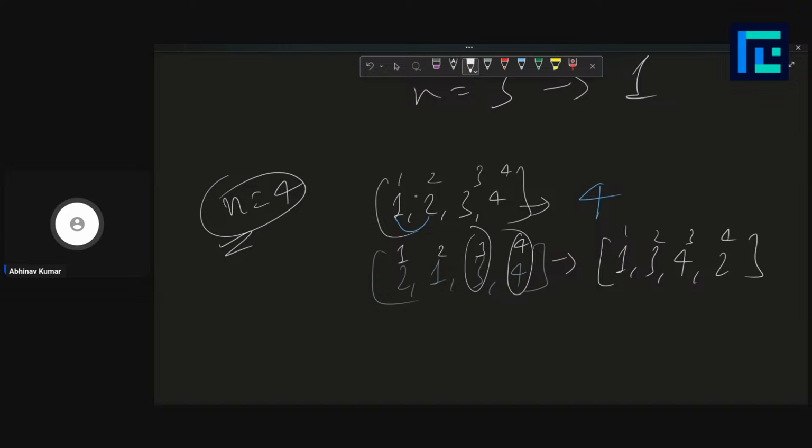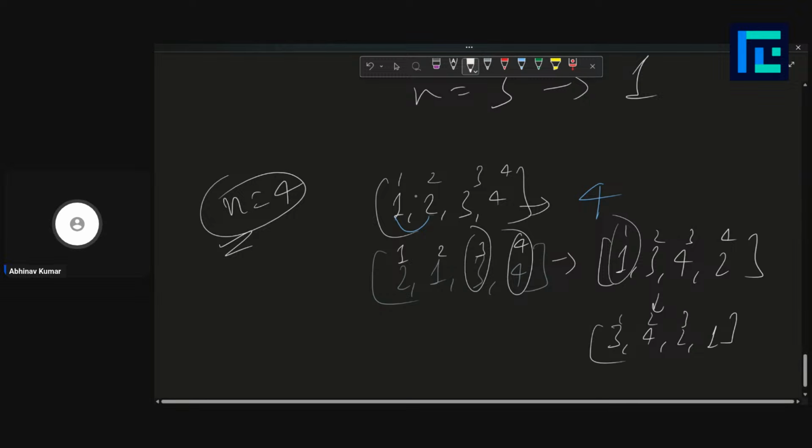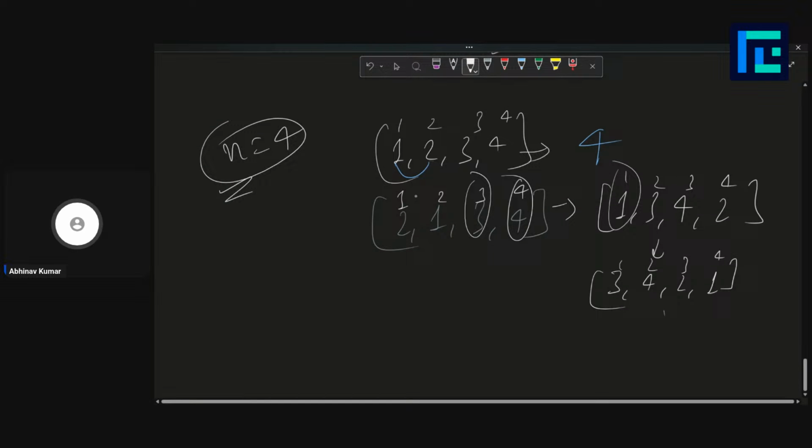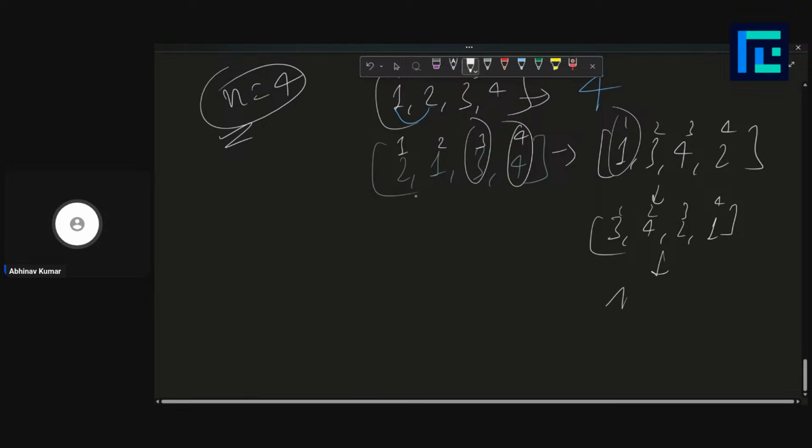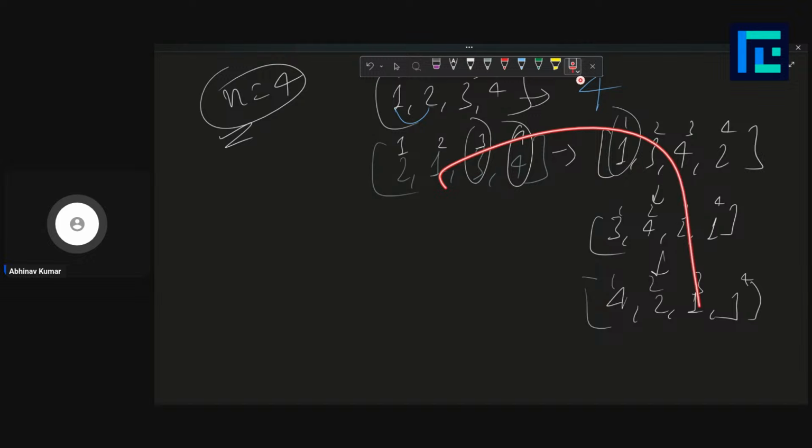So 1, 2, 3, 4. Here you get 1, and none of the others are the same. If you cyclic shift it, 3, 4, 2, 1, and 1, 2, 3, 4, you get 0. If you cyclic shift it, 4, 2, 1, 3, and 1, 2, 3, 4, again you get 0. So among these cyclic shifts, the maximum value you are getting is 2.